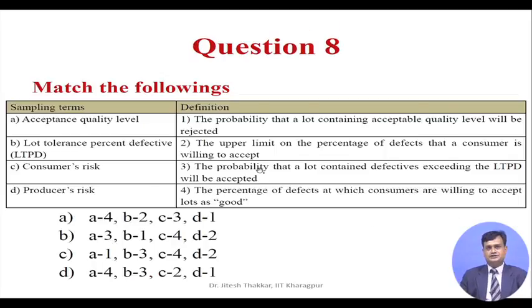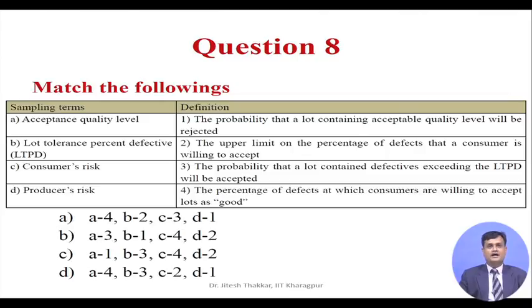Question number 8. You are supposed to match the given terms: A, acceptance quality level; B, lot tolerance percent defective; C, consumer's risk; and D, producer's risk. You are given the definitions on the right hand side.